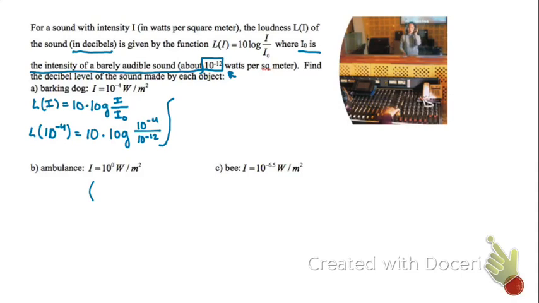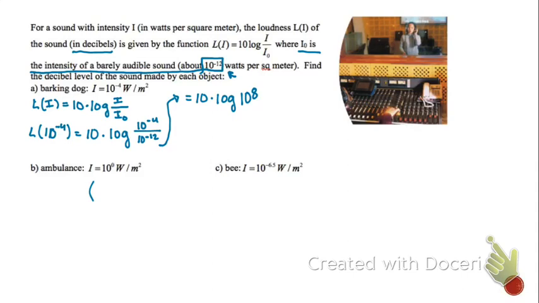All right, so to simplify this fraction here, I can just subtract the exponents, right? So I've got negative 4 minus negative 12. So that'll leave me with 10 to the positive 8. So I've got 10 times the log of 10 to the positive 8.